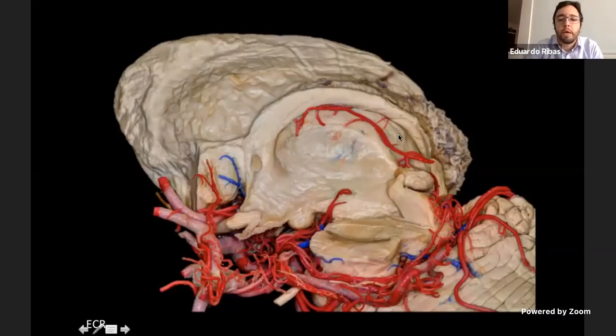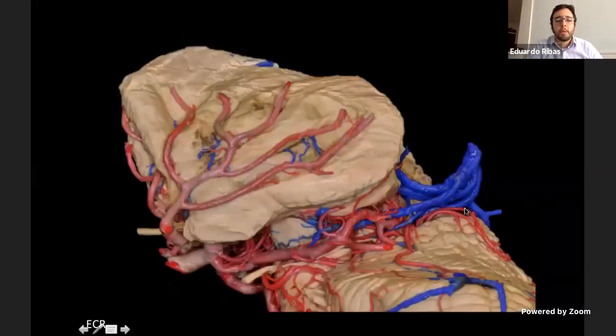So it will supply the central core as well. And some people have some difficulty in understanding the trajectory of this artery, but here is a nice picture of this trajectory. It's a very long and beautiful trajectory.